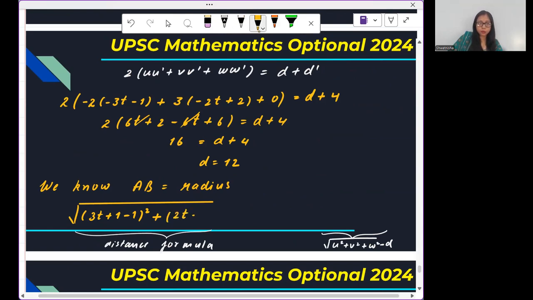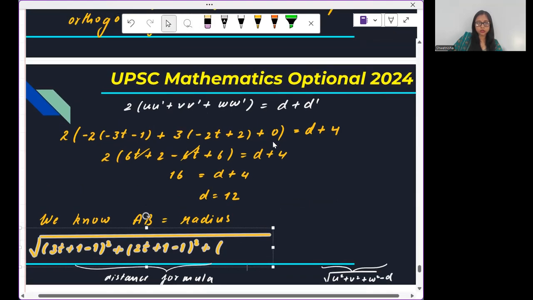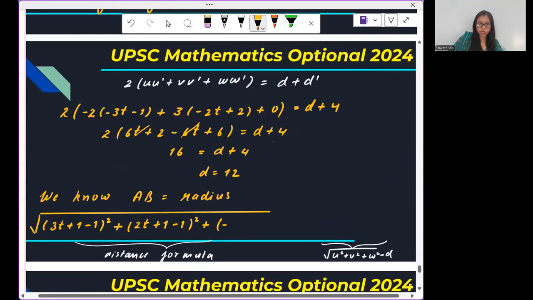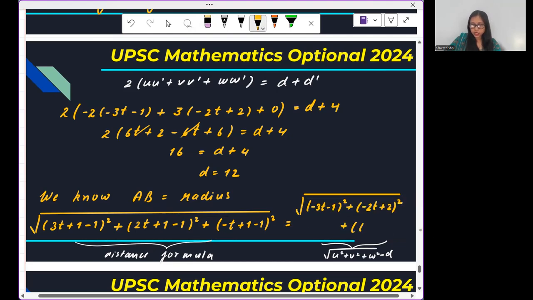Then we have 2t plus 1 minus 1 whole square plus minus t plus 1 minus 1 whole square is equal to the radius. The radius is the square root of u square, which is minus 3t minus 1 whole square, plus v square, minus 2t plus 2 whole square, plus t minus 1 whole square, minus d.